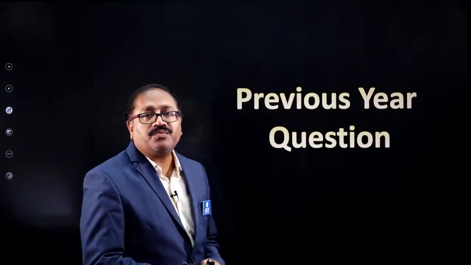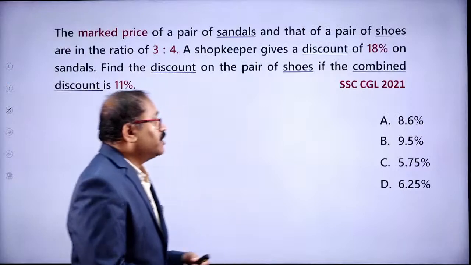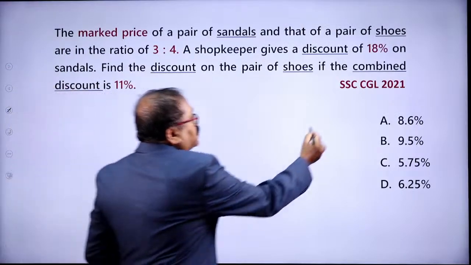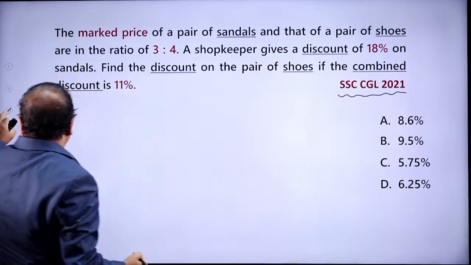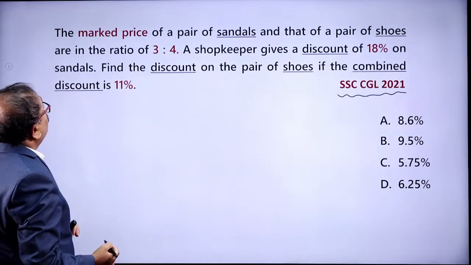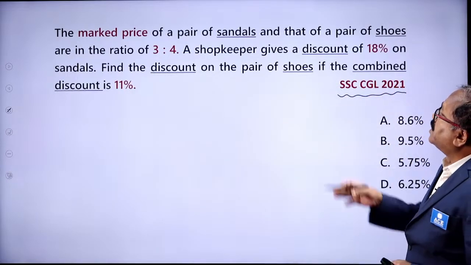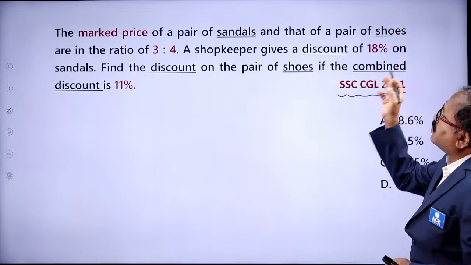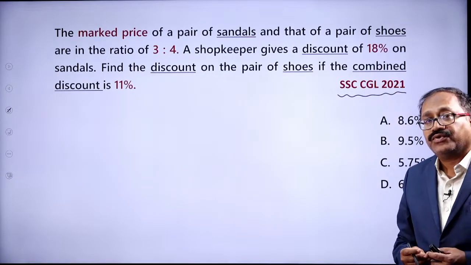Now I will take a couple of previous year questions for SSC CGL, which is also useful for banking exams. Look at this part. This year exam paper says that the marked price of a pair of sandals and that of a pair of shoes are in the ratio of 3:4.